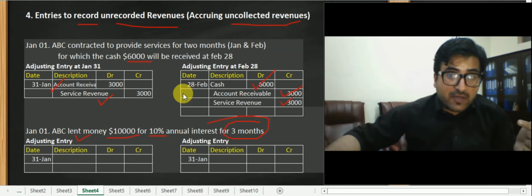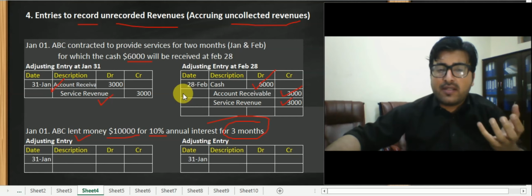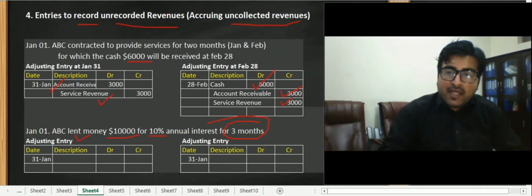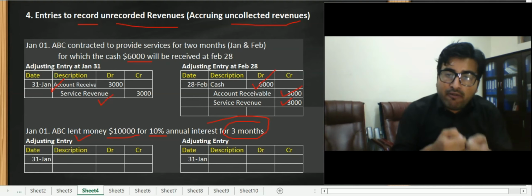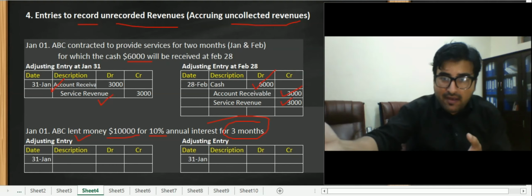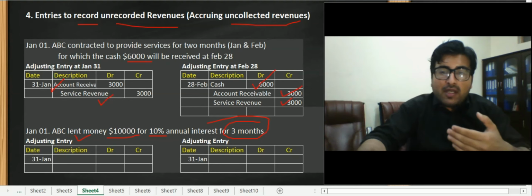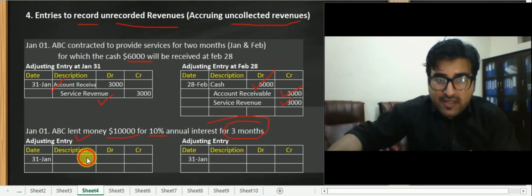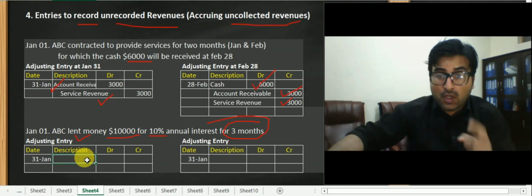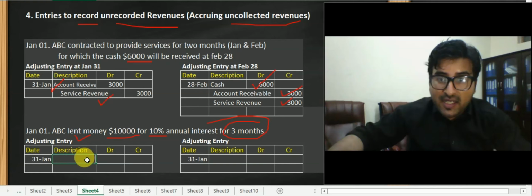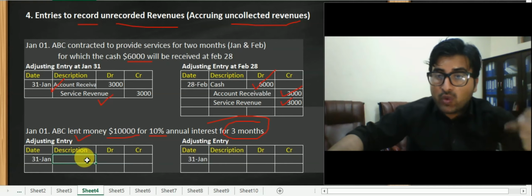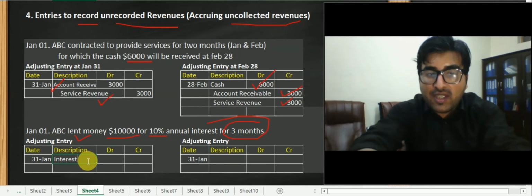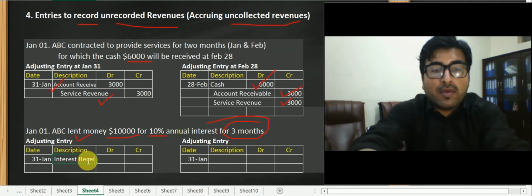10,000 for 10% interest. Okay, keep in mind why we are lending money. The purpose behind is to earn interest, right? Okay, so now when you lend money, you are earning interest when the money is used by other. So maybe after 1 month you will earn interest, right? So for example, after 1 month you have earned interest because your money is used by someone who is giving you interest. So how much interest you have earned? So you should debit interest receivable, right?